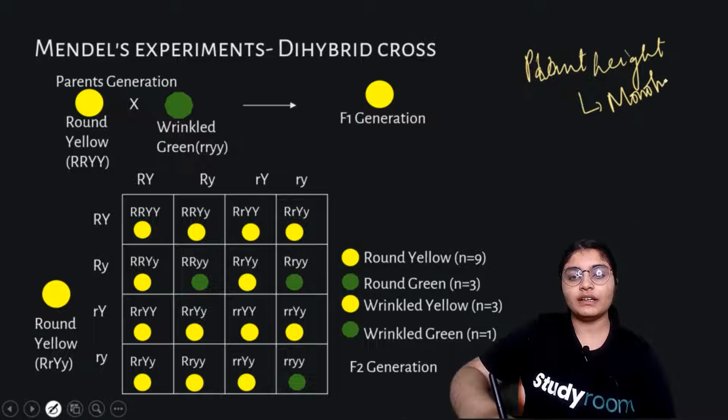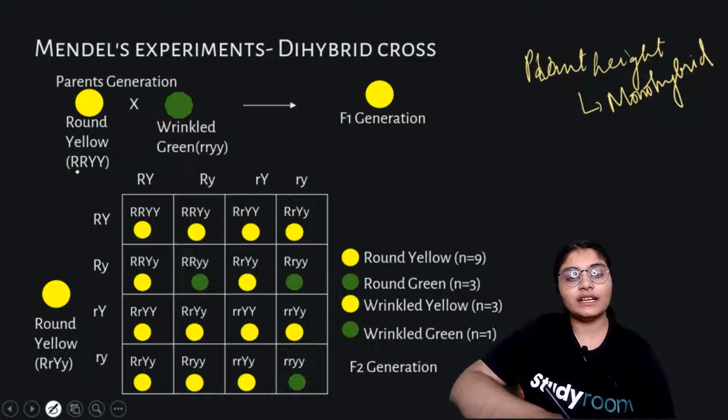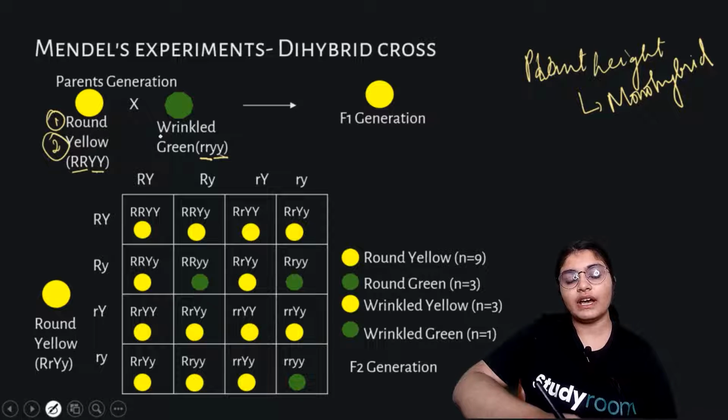But here in the dihybrid cross, we are considering two characters. The first character is round and yellow, and the second, the recessive one, is wrinkled and green. But here you can see there are two characters: one is the seed shape and the other is the seed color. The dominant shape is round and the recessive shape is wrinkled.